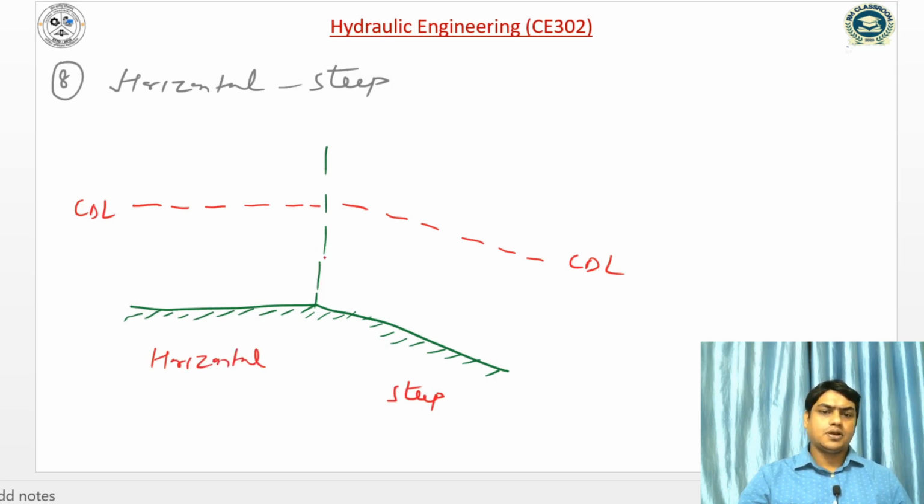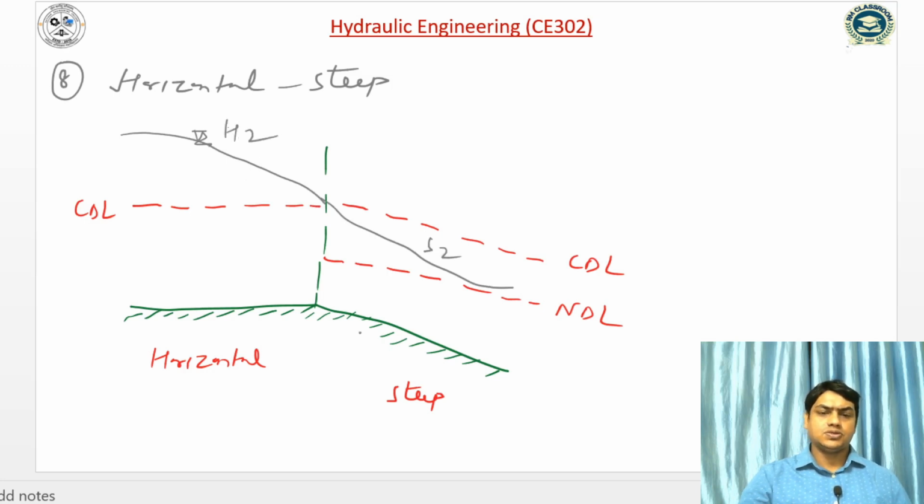So below the critical depth line there is a normal depth line. So what will happen? It will look like this. This is H2, and then it is S2. H2, S2.